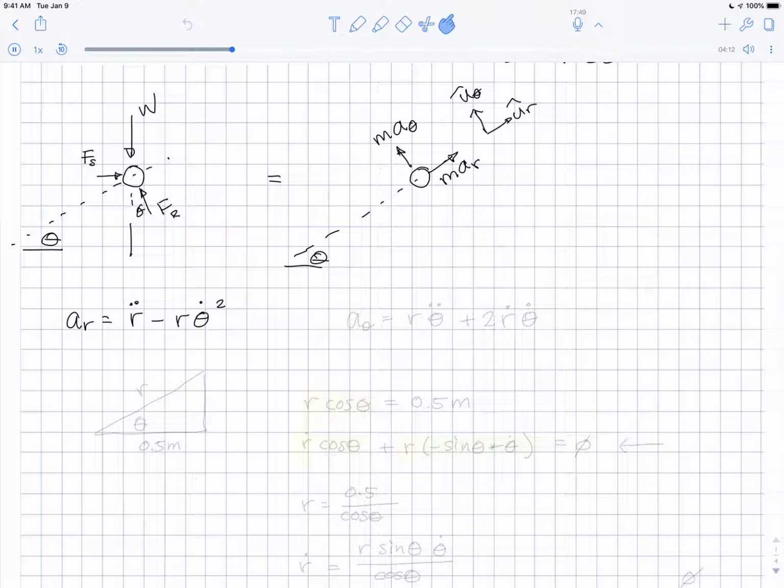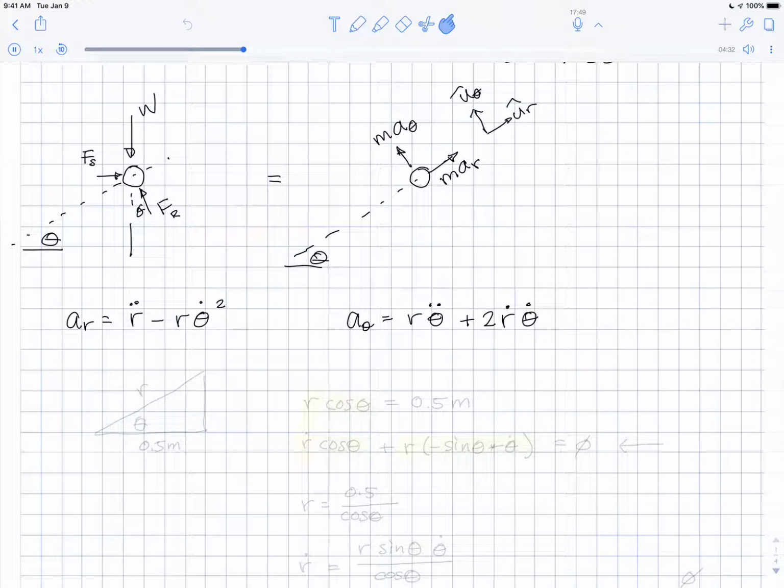Before we do that, let's get the other acceleration. a theta, remember, is just the radius times the angular acceleration, theta double dot, which is 0, so that's nice, plus this weird Coriolis 2 r dot theta dot.